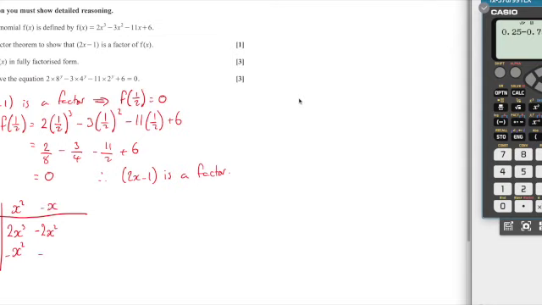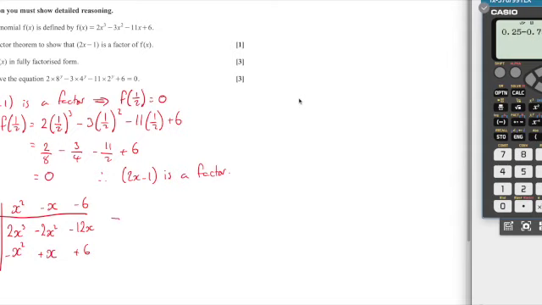That's going to give me plus x when I multiply. I need minus 11x, so I need that to be minus 12x. Divide that by 2x gives me minus 6. And then minus 6 times minus 1 is positive 6, which is what we had. So that means we have divided it correctly.